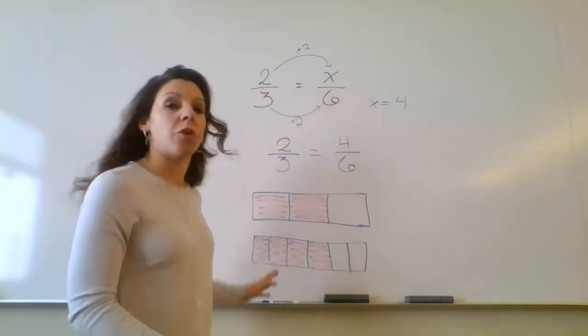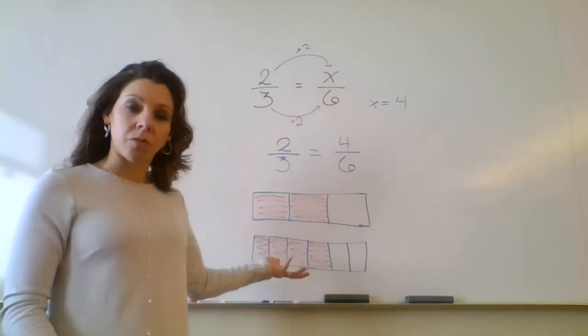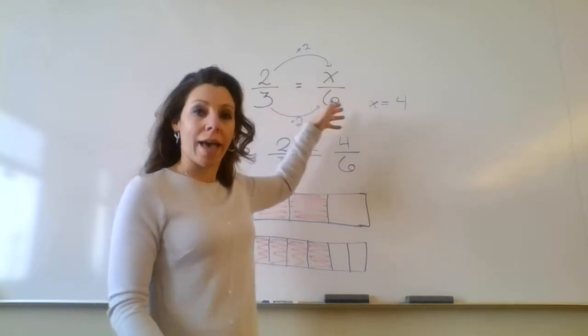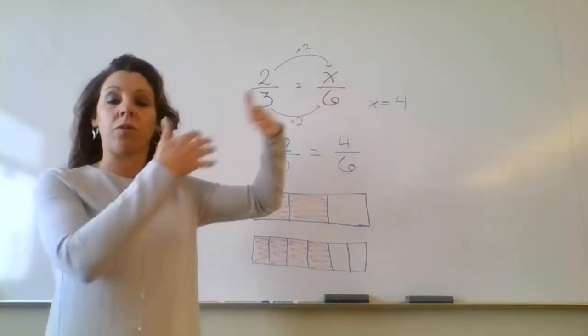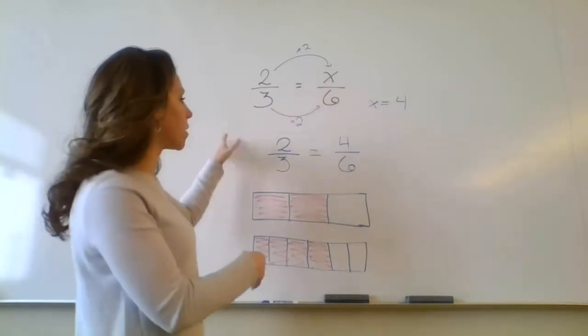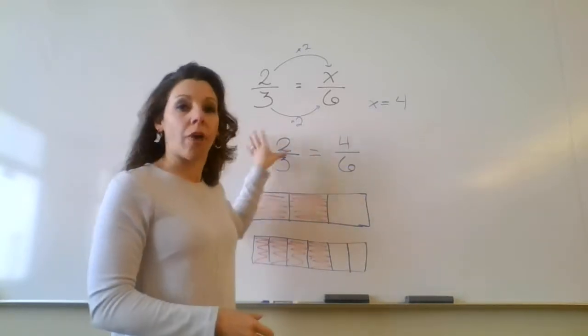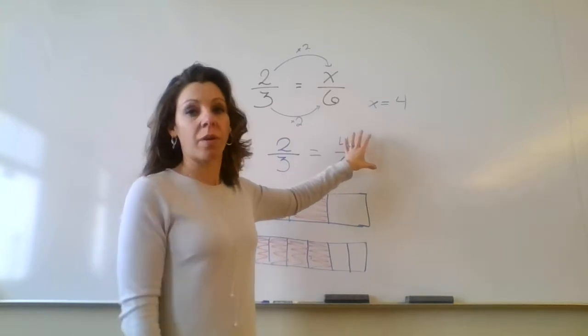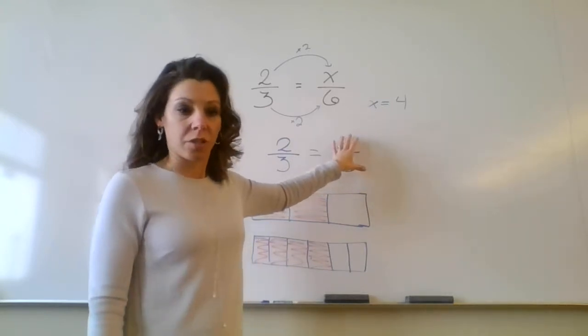So this would be a good way to demonstrate to a student and help them understand why we multiply instead of add to make sure that our ratios are in proportion. Because the proportion means that these fractions must remain equal. These ratios have to be the same reduced fraction, essentially.